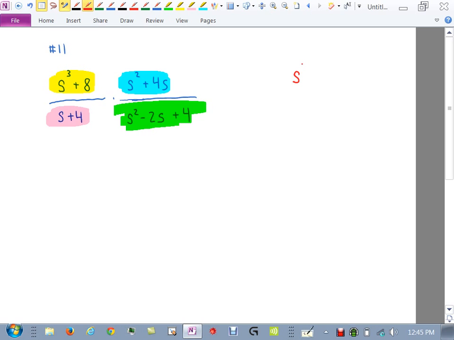S cubed plus 8. There's no GCF there, right? There's 2 terms. 2 terms tells us, well, could be difference of squares, sum of squares, difference of cubes, sum of cubes. Well, is it obvious that those are cubed, right? S is cubed and 8 is 2 cubed, right? So this turns into S cubed plus 2 cubed.